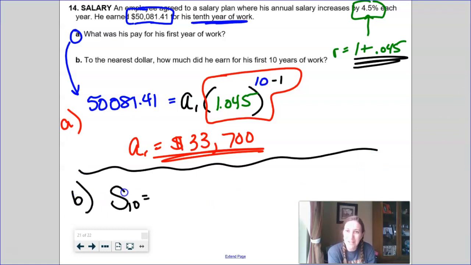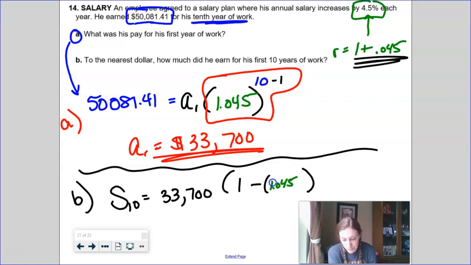So the first 10 years of work. His first year we just found to be $33,700. And then up in the numerator, we have a 1 minus, make sure you use parentheses here, 1.045. Did it again.